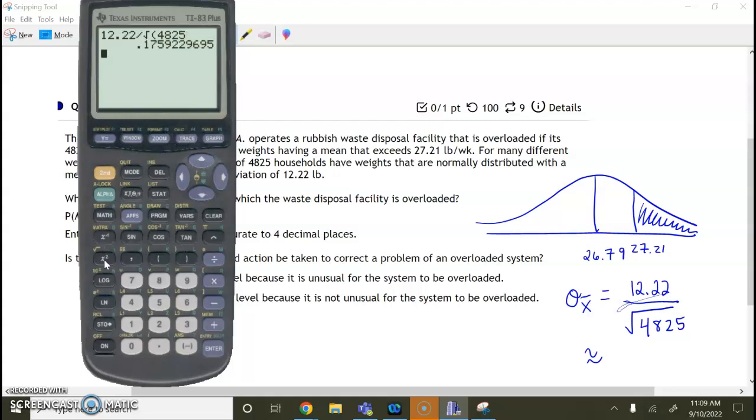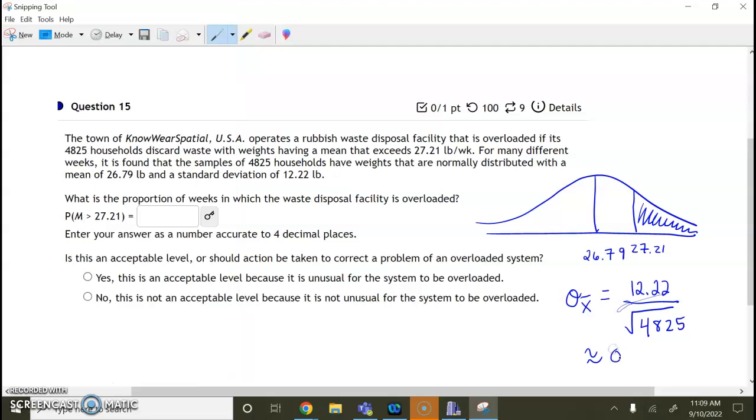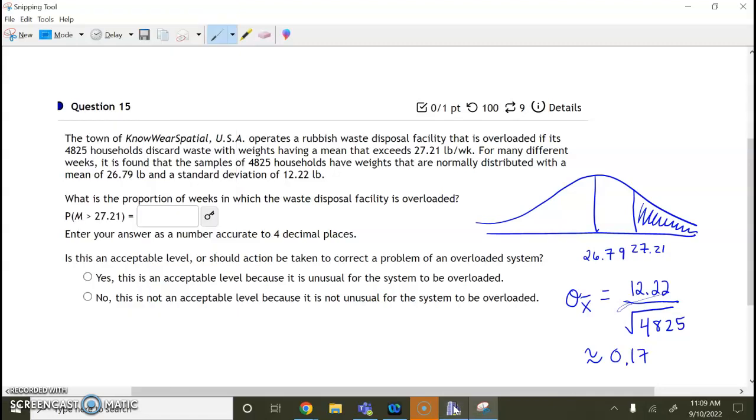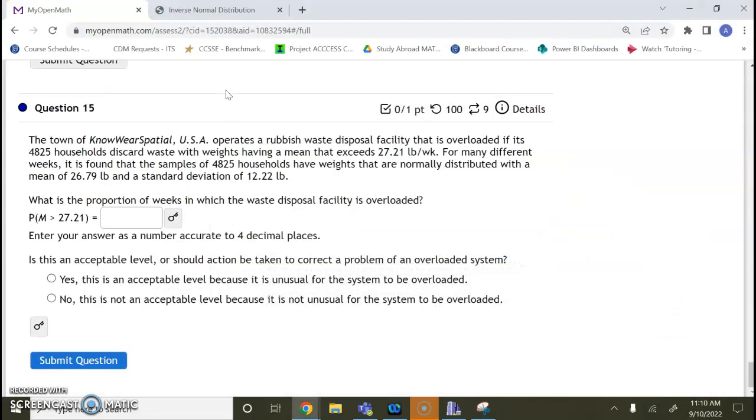That gives me 0.1759229. Let's see if I can remember that from one screen to the next: 0.1759229.